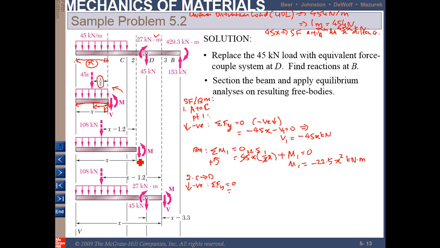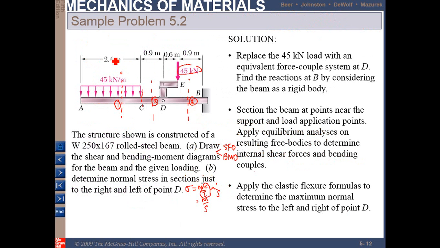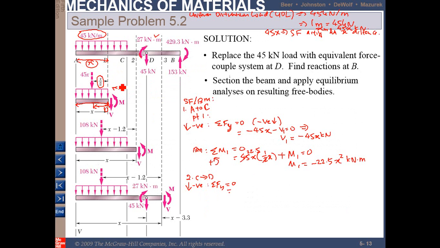So for point 2, because this is 45 kilonewton per meter, and the distance from A to C is equal to 2.4, if you calculate 45 times 2.4, you will get 108. Okay, so it is acting in the middle.